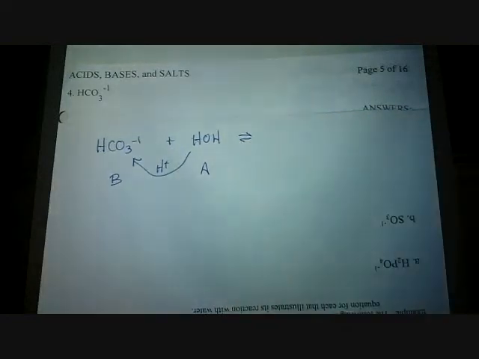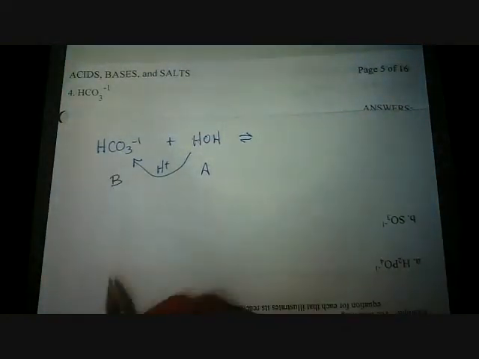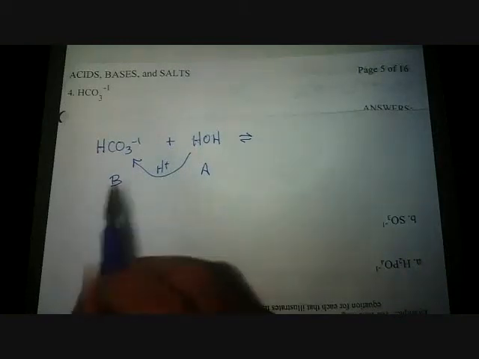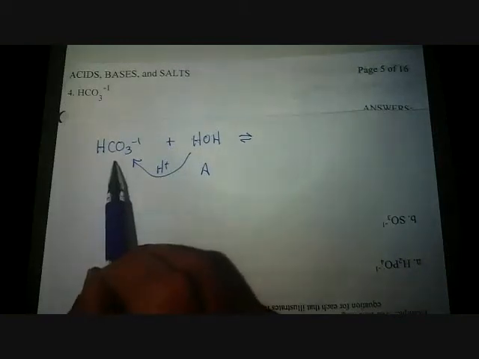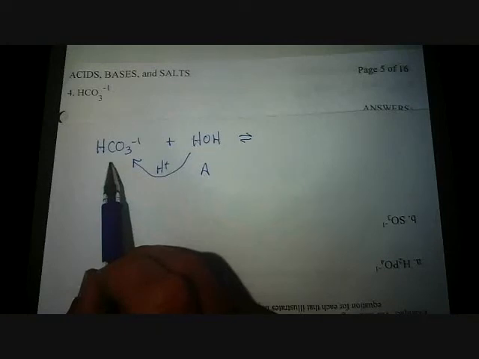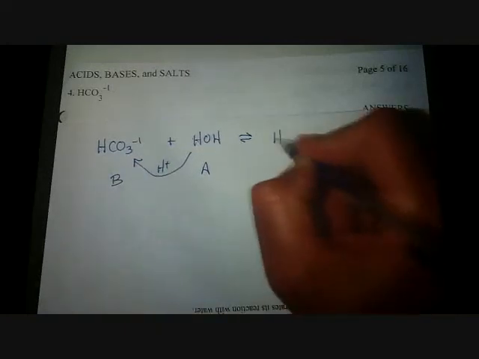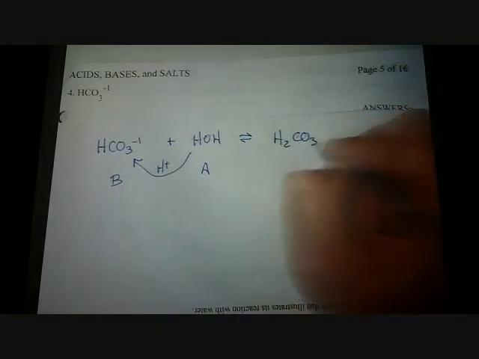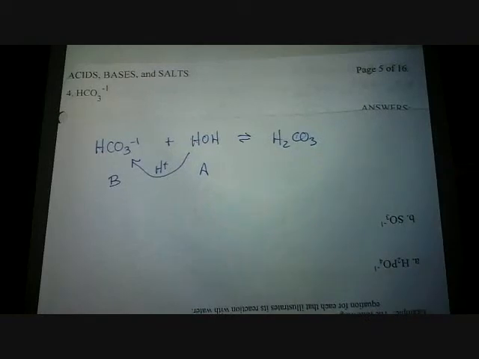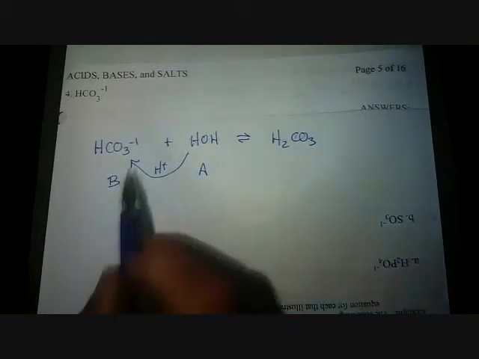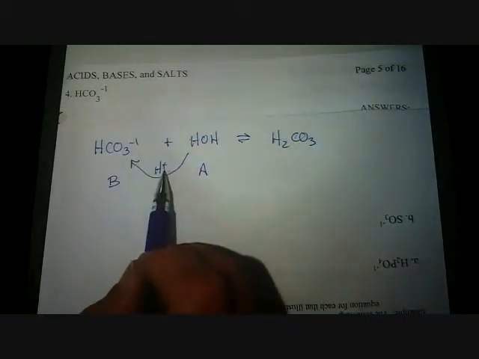What's going to be on the product side? Same thing, the carbonate, but it's accepting a hydrogen. H2, good. So H2CO3. And what's the charge on H2CO3? If it's a -1 and we gain 1, no charge.